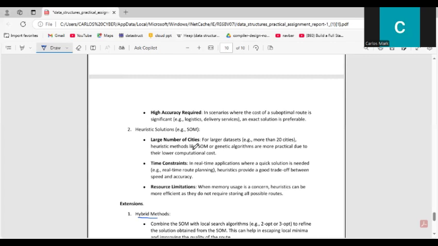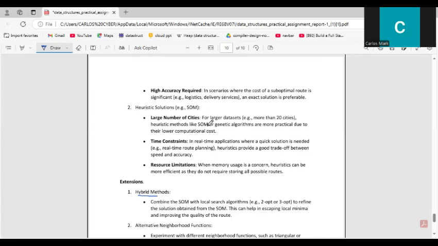We just feed it data and it learns on its own and organizes the data in an easier way. For a larger number of cities or a larger data set, a heuristic method like the self-organizing map or genetic algorithms is more practical due to the lower computational cost, since you don't have to store everything like in the nearest neighbor, where you have to store the unvisited cities.